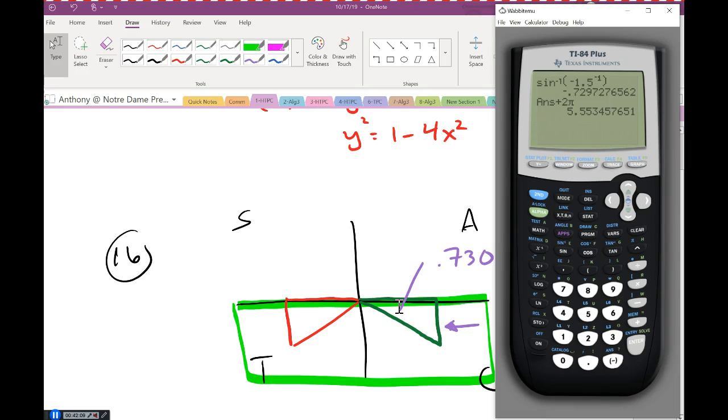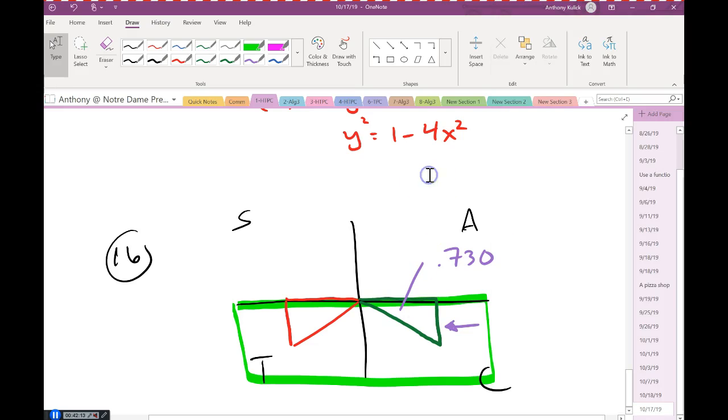Why didn't I care about the negative? Because I'm talking about the angle measure inside of this triangle, which is positive in a right triangle, right? So what does this angle measure have to be?